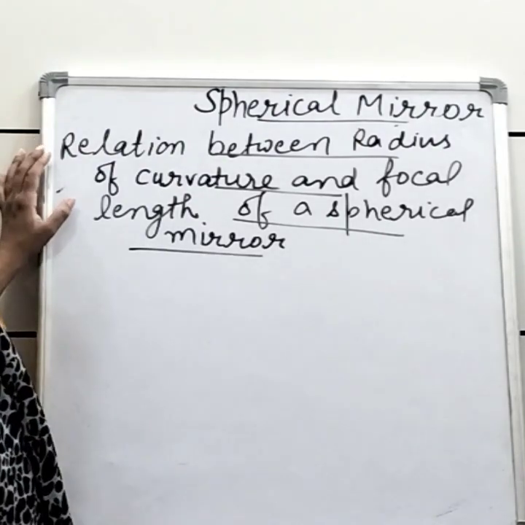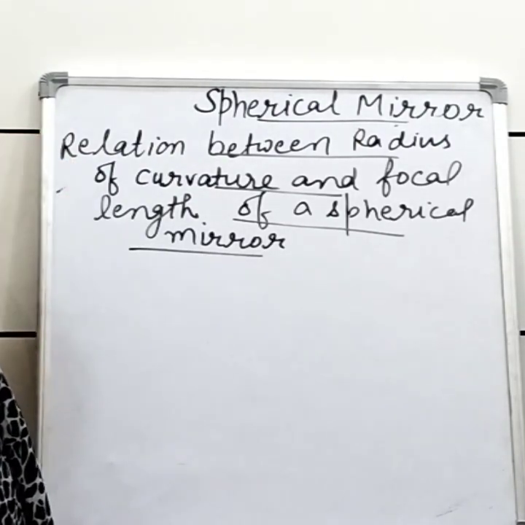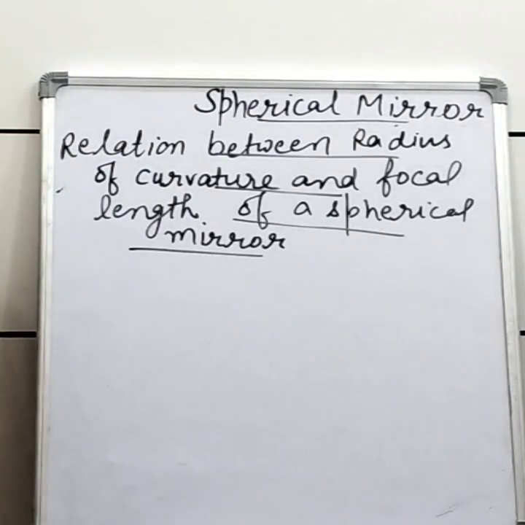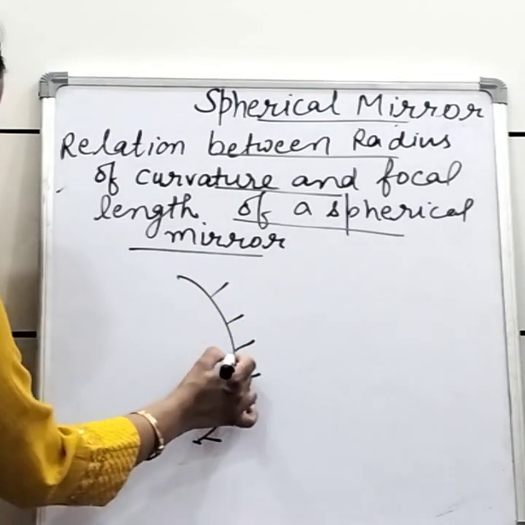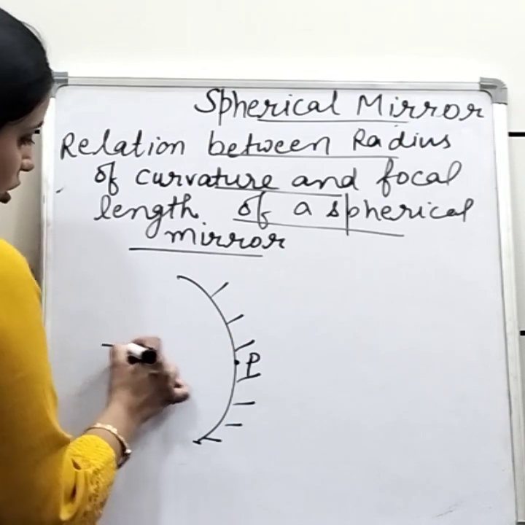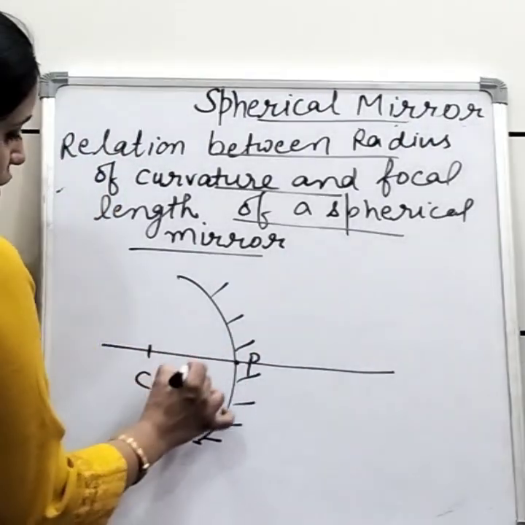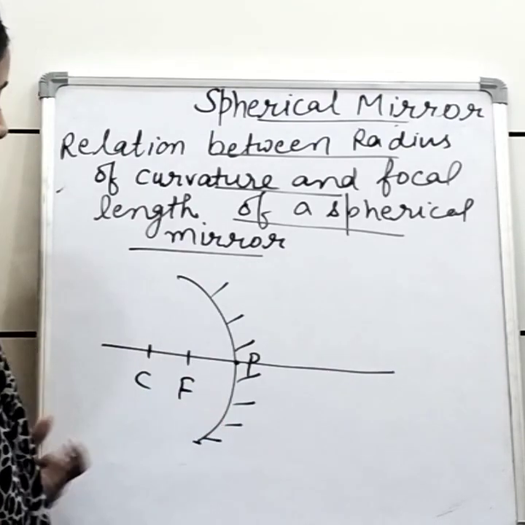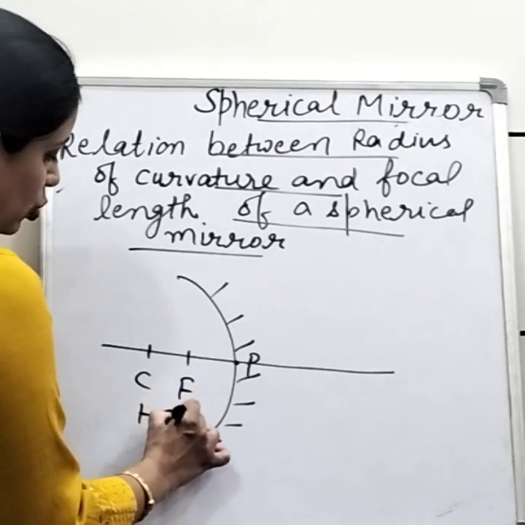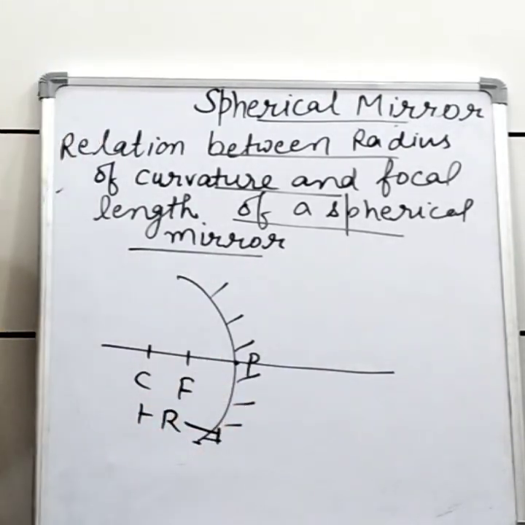Now the next topic is the relation between the radius of curvature and the focal length of the spherical mirror. This is a concave mirror: pole, center of curvature, focus point. The distance between the pole and the center of curvature is known as the radius of curvature.